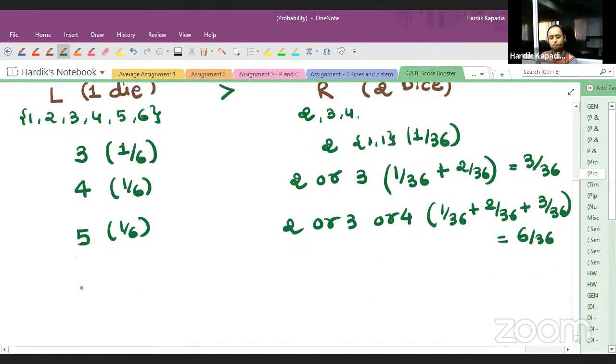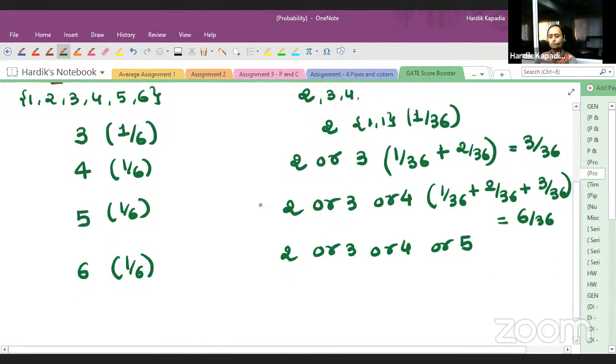If we'll get 6 over here, then 2 or 3 or 4 or 5. So 1 by 36 plus 2 by 36 plus 3 by 36 plus 4 by 36.